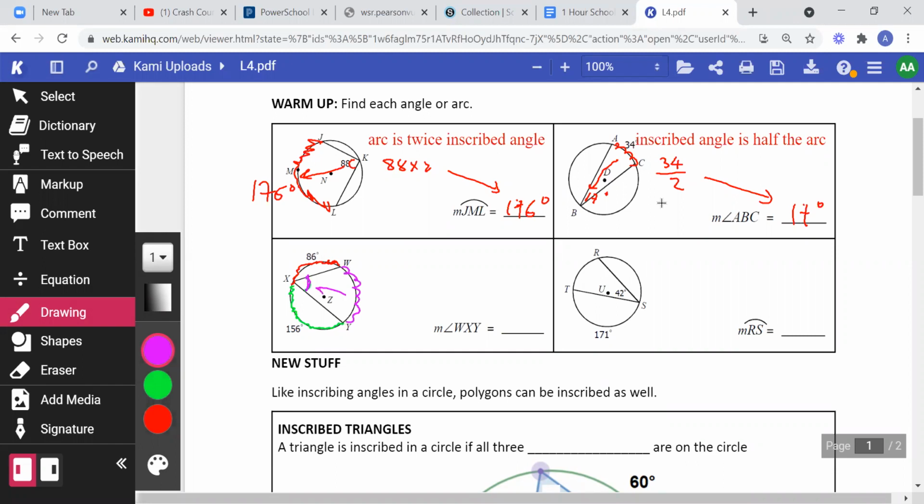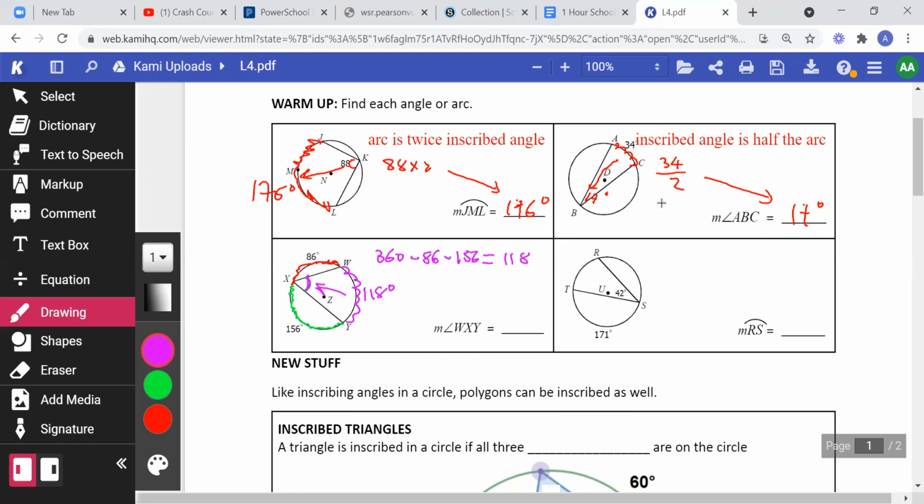But to get the arc, we know the total sum of angles around the circle is 360. So to get the purple arc, you're going to do 360 minus the red minus the green. The red is 86, the green is 156. Subtracting these two gives us 118. So it means the purple arc is 118 degrees.